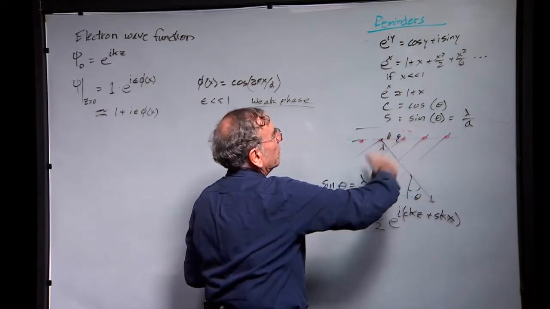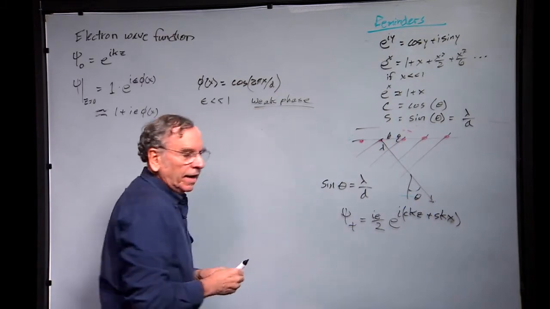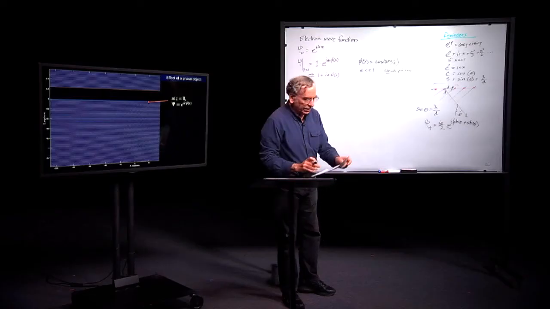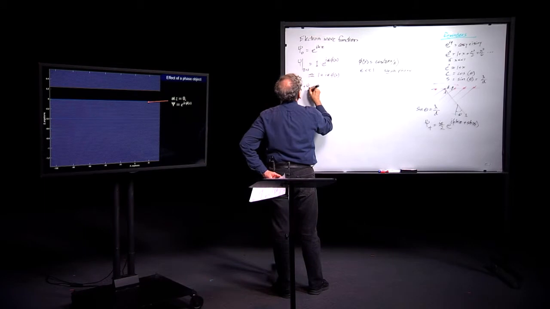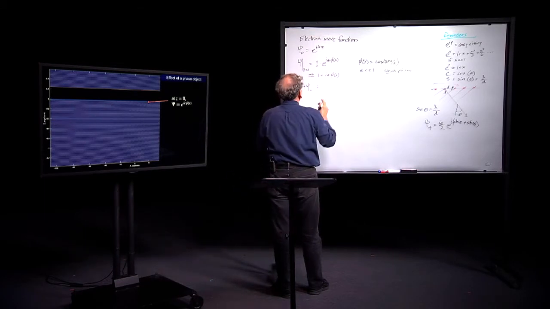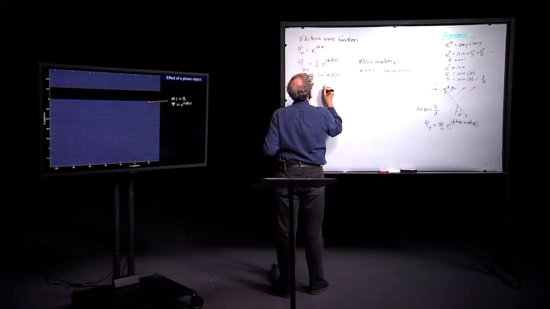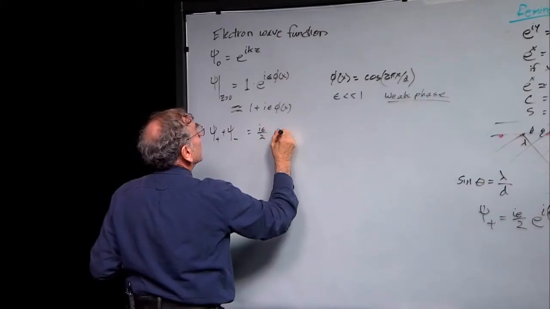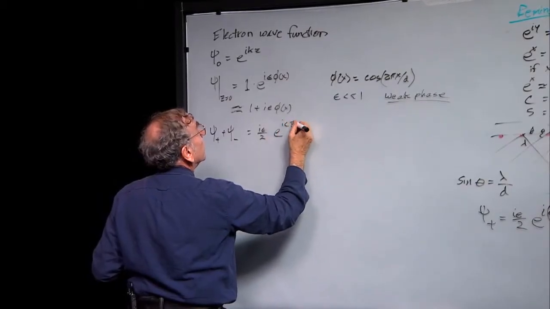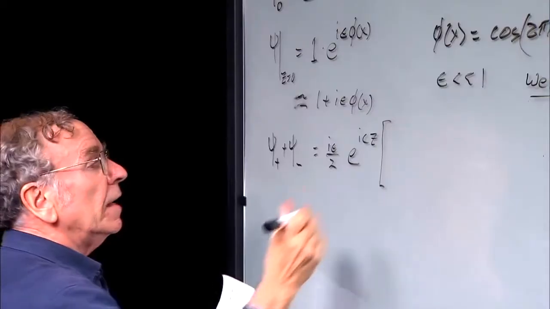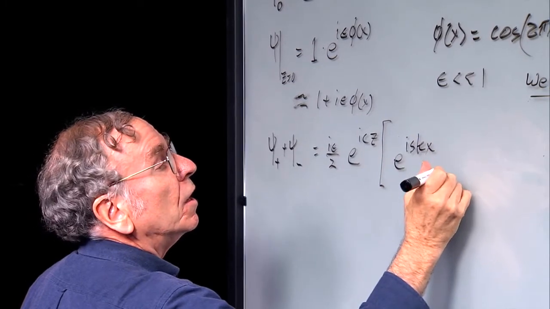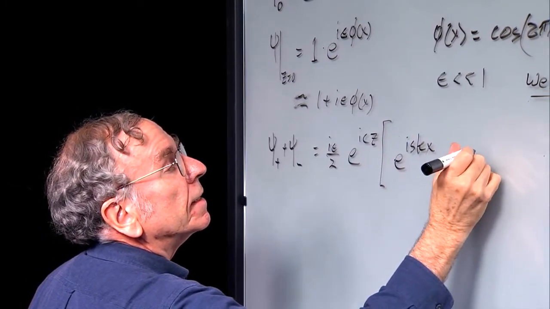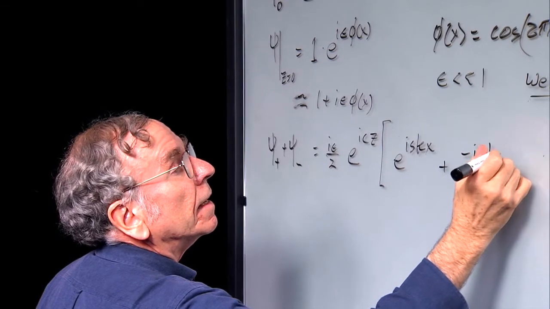There's going to be another diffracted wave in the other direction that I'm going to call psi minus. So here's how I would write it. These two diffracted waves, psi plus and psi minus, equal i epsilon over 2 times e to the i c k z times (e to the i s k x plus e to the minus i s k x).